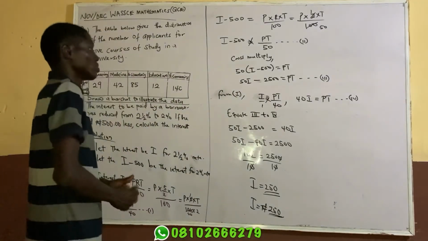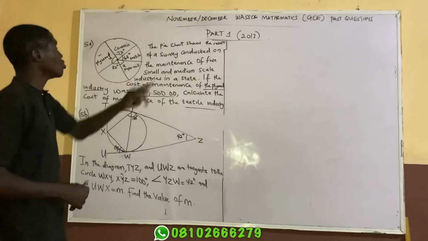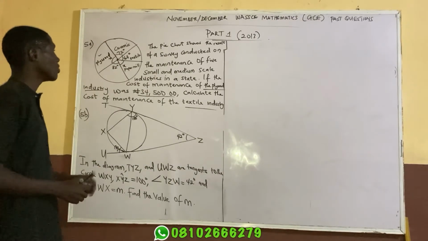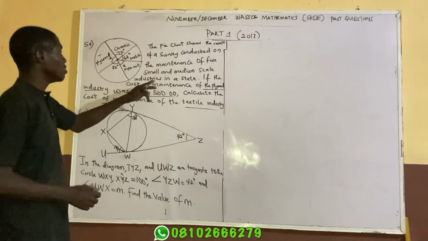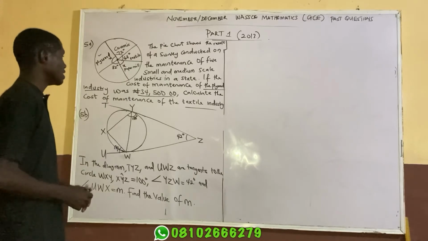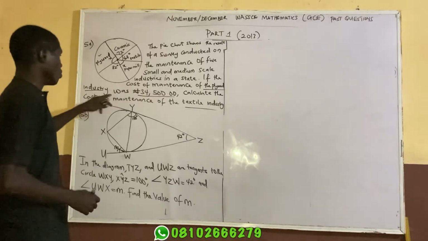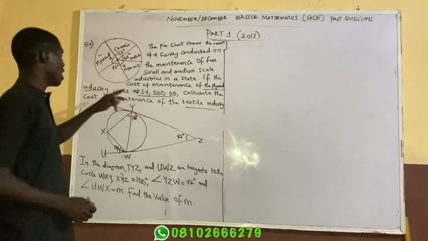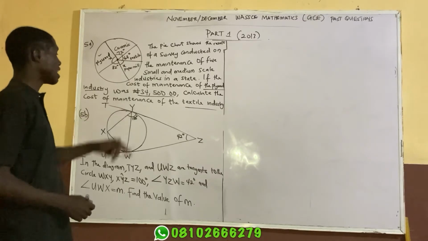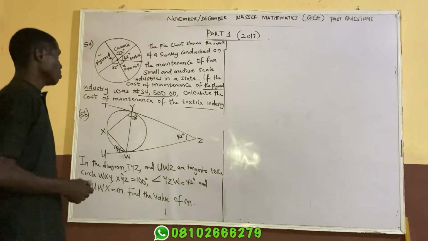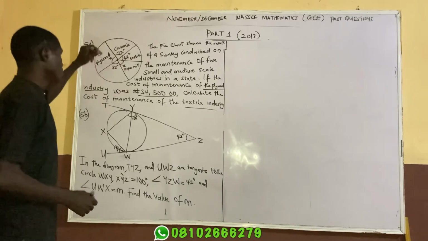So that's the interest. And question 5A says that the pie chart shows the result of a survey conducted on the maintenance of 5 small and medium scale industries in the state. If the cost of maintenance of a plywood industry was 34,000 naira, calculate the cost of maintenance of the textile industry. Now, we are given a pie chart.